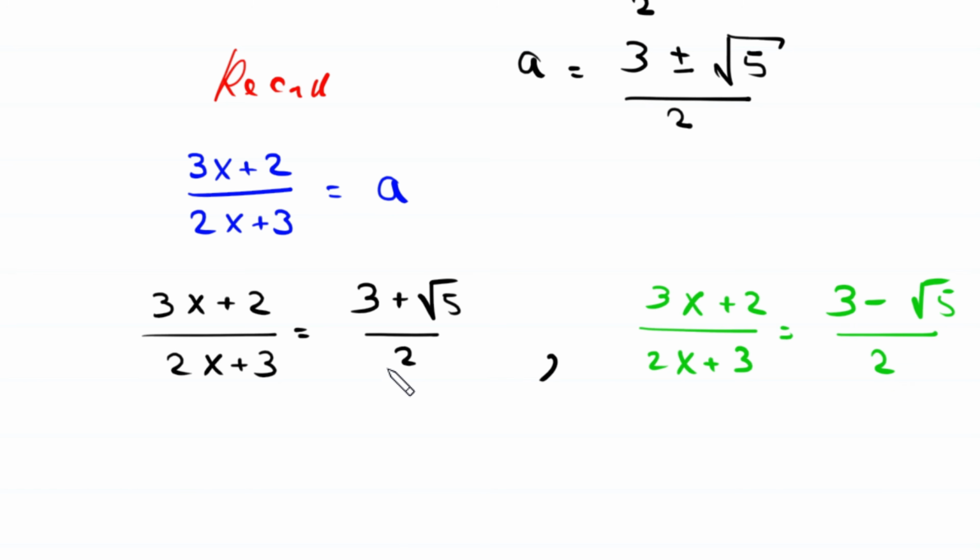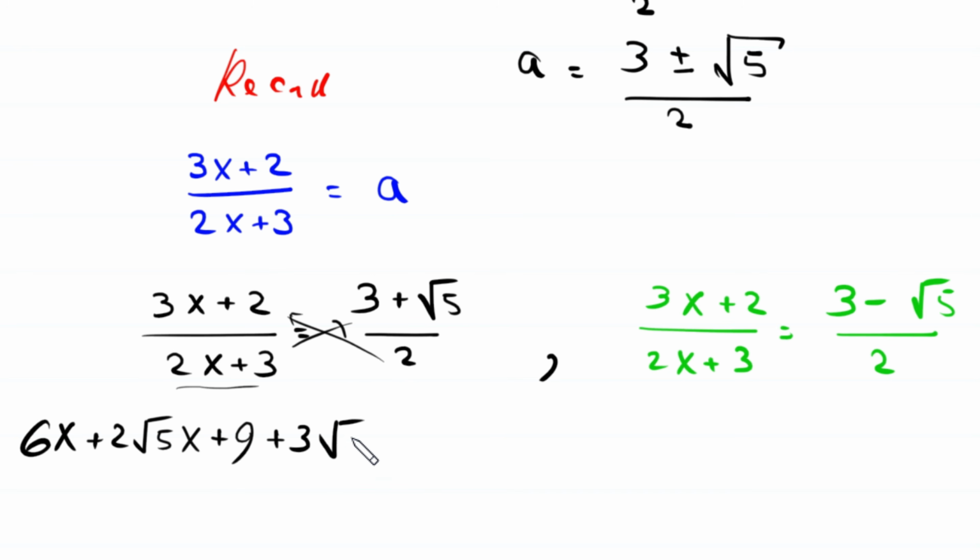First we solve this one. We multiply this 2x plus 3 by this, and we multiply this 2 by this expression. So 2x times 3 becomes 6x, and 2x times root 5 is 2 root 5 times x, and 3 times 3 is 9, 3 times root 5 is 3 root 5, equal to 2 times 3x, 6x, and 2 times 2 is 4.